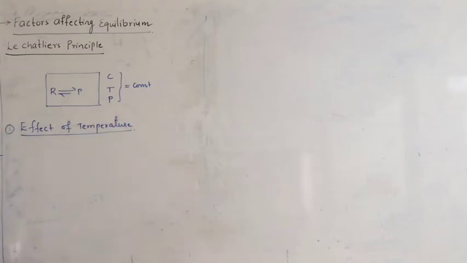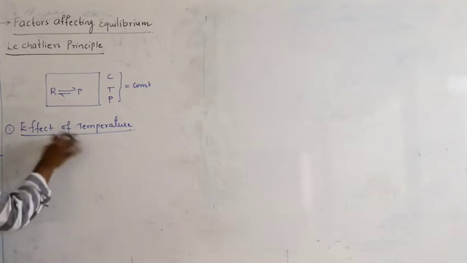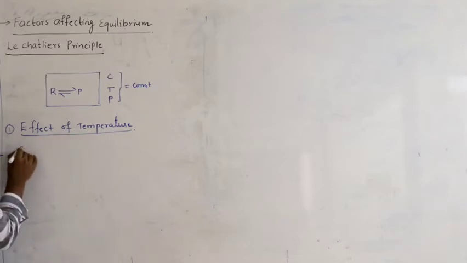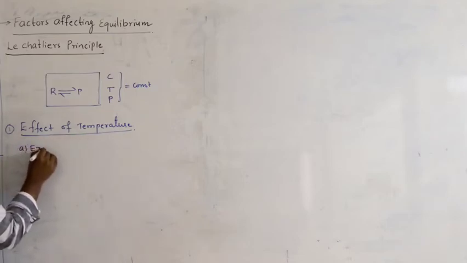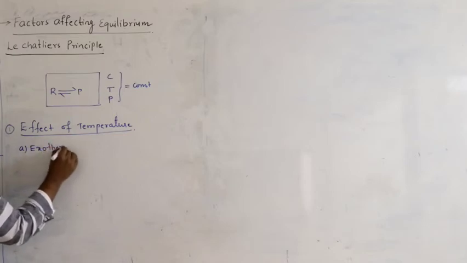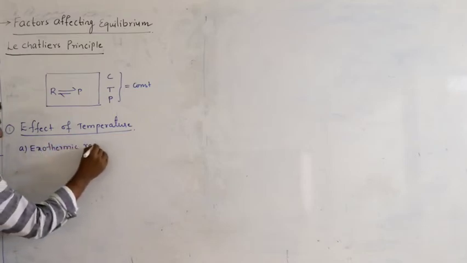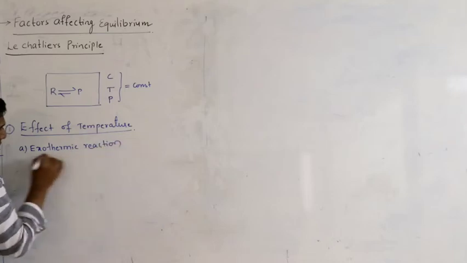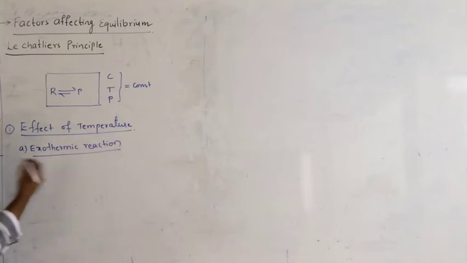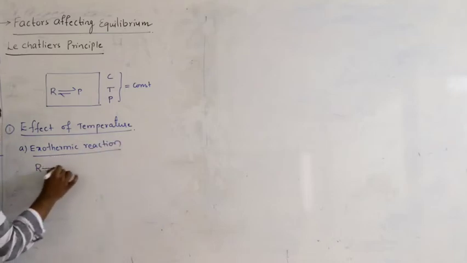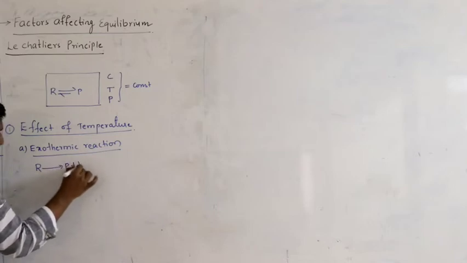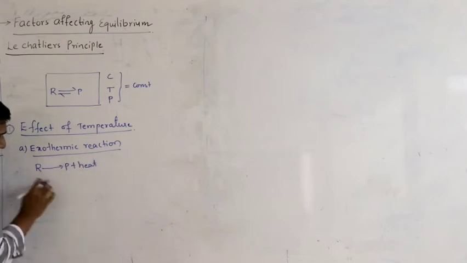Effect of temperature. To understand the effect of temperature, we have to study the meaning of exothermic and endothermic reactions. What is an exothermic reaction? A reaction which proceeds with the release of heat.